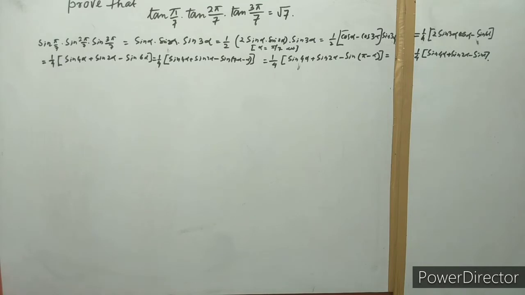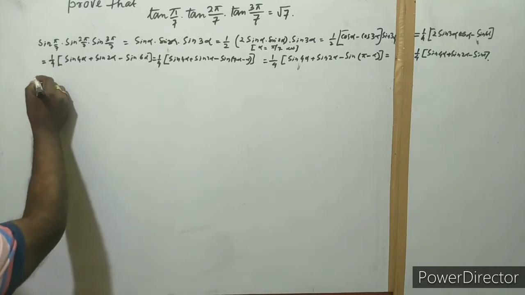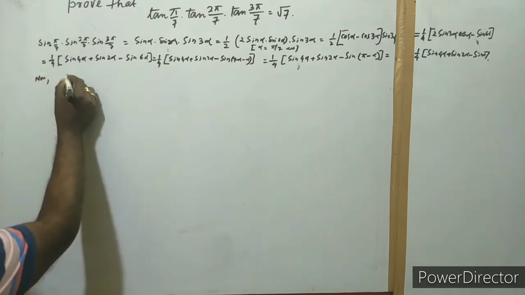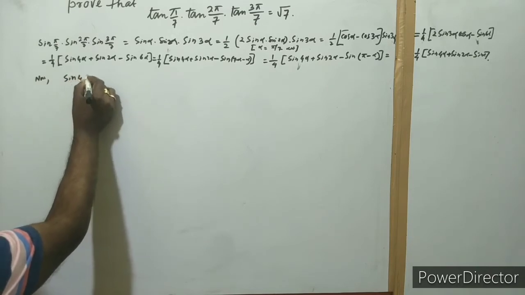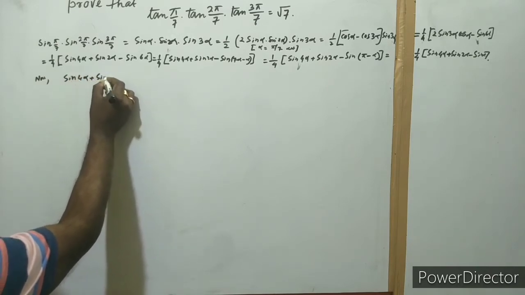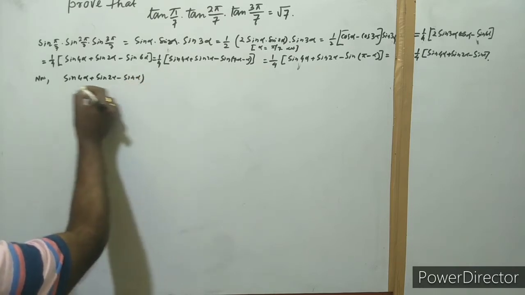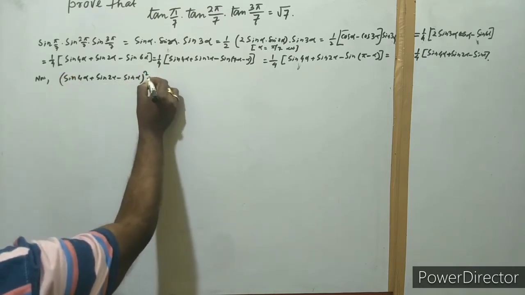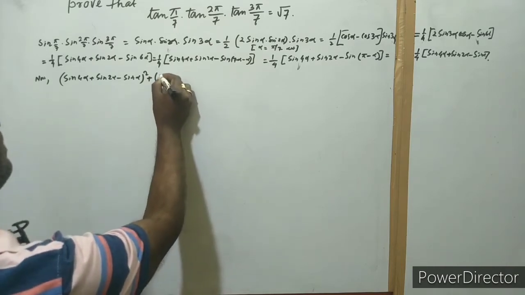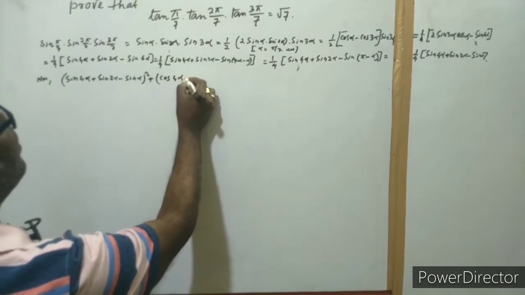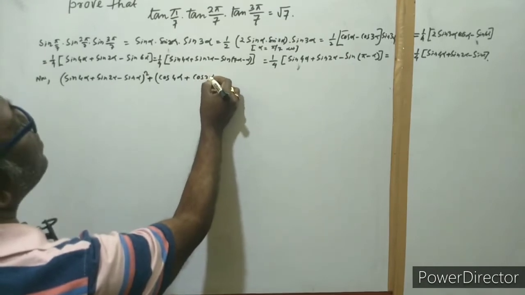Now we have to find the value of sin 4 alpha plus sin 2 alpha minus sin alpha, doing the whole square, and same for the cos figure, like cos 4 alpha, cos 2 alpha.